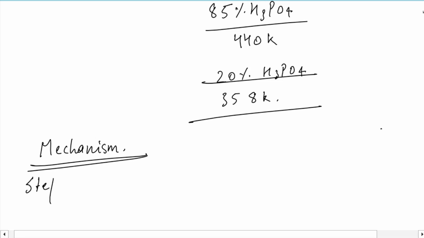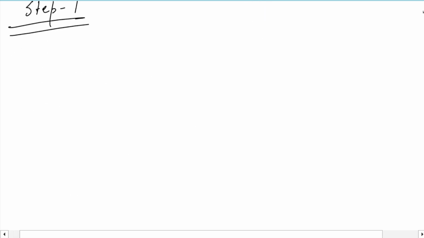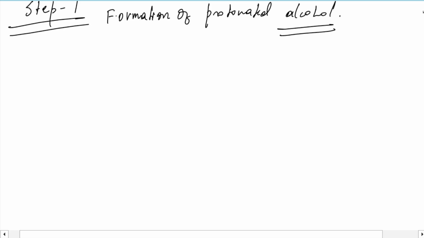So what is step 1 here? It's the formation of protonated alcohol. Whatever CH3CH2CH2OH we have taken, it will react with H plus.